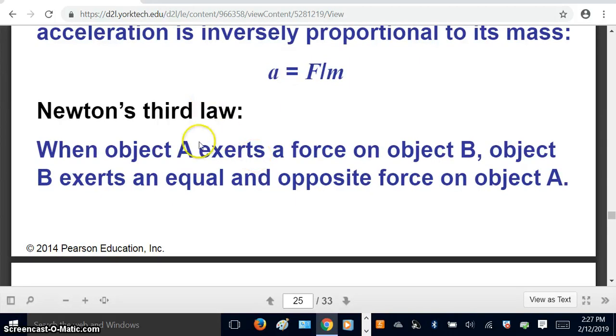The third law is a little bit different than the first two. In the third law, you're dealing with forces on different objects. So if you have object A, like for example, you push on the wall, right? Let's say you just put your hand on the wall and you push. What Newton's third law tells you is that the wall is actually pushing back on you with an equal and opposite force. So the force is in the opposite direction.